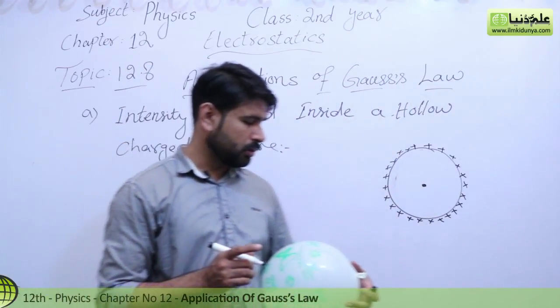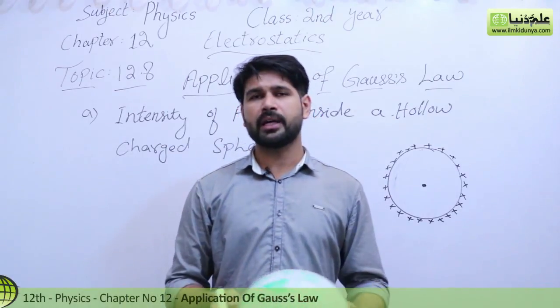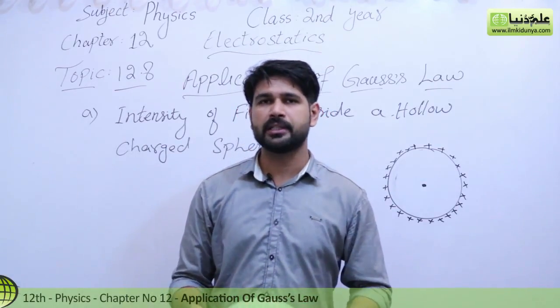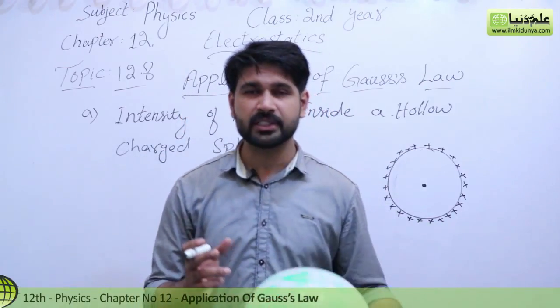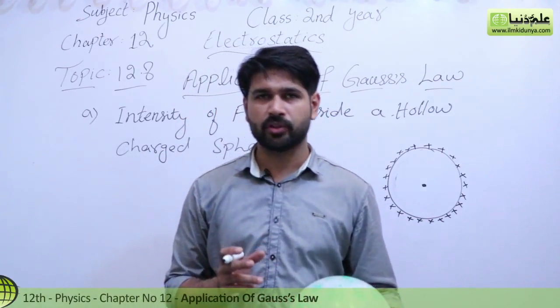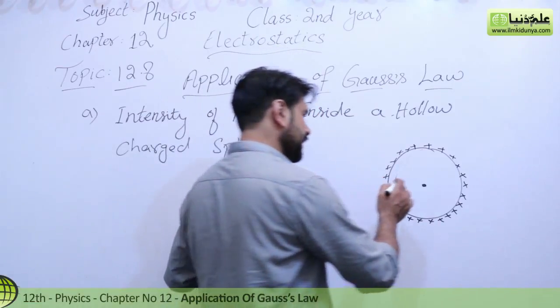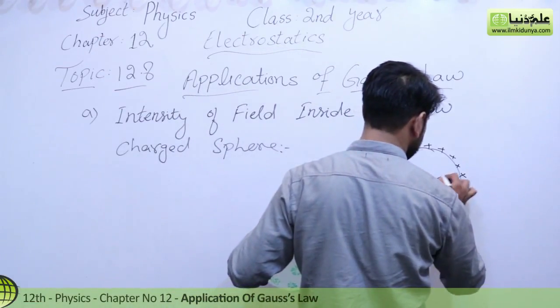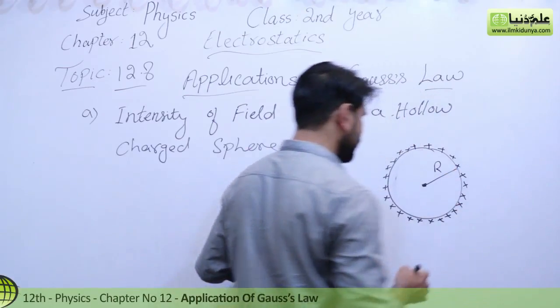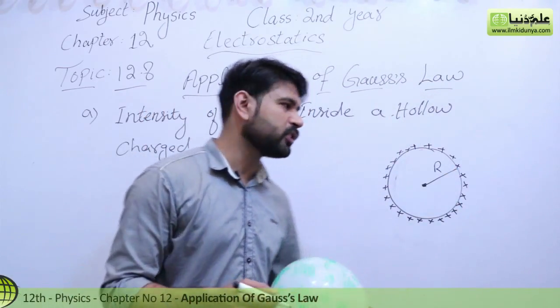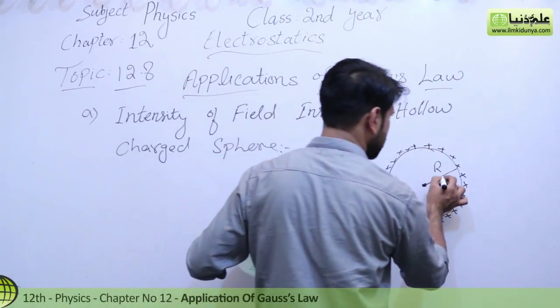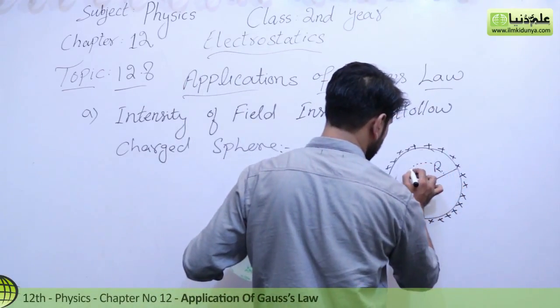To find the electric field intensity, I already explained that we need a closed surface, which is called a Gaussian surface. Let's suppose the radius of that sphere is capital R, and to find the electric field intensity we suppose a Gaussian surface inside this sphere.